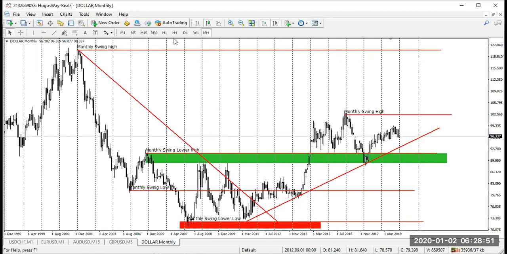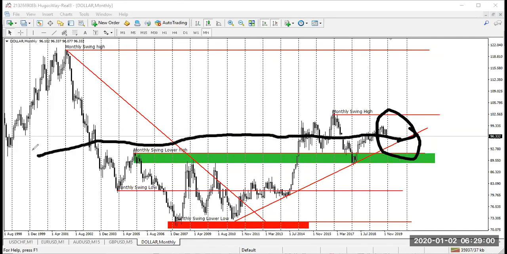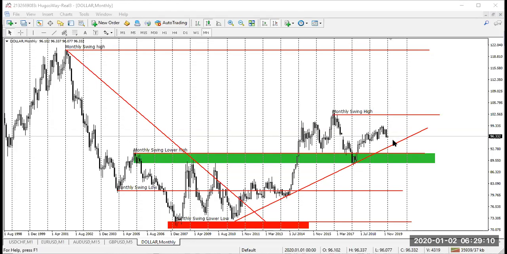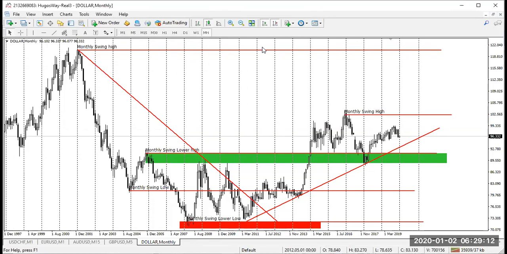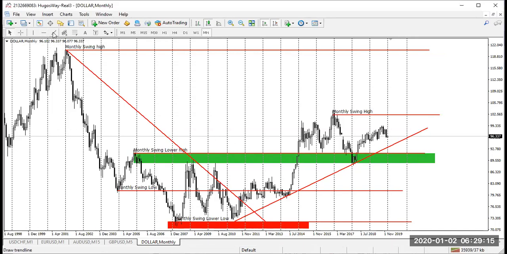I want to highlight this area over here to the left, because as you see here, we follow this all the way to the left. Look at where we end up. So let's key in on this zone because it's previous data. Let's use the previous data to get an idea what current data is going to do. So we come in here, this swing low here, this candle was at 98.20.